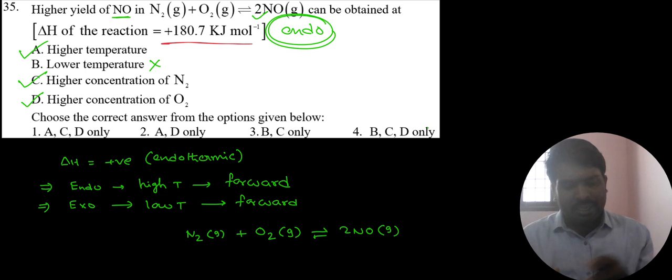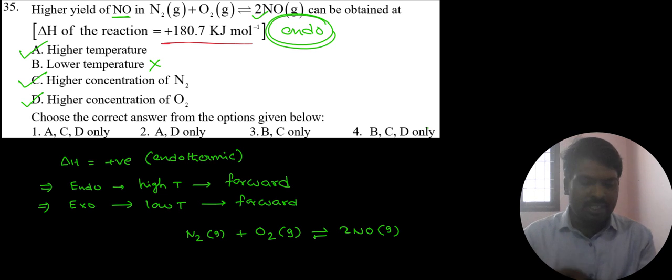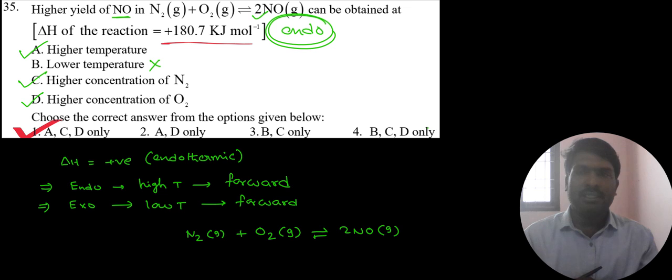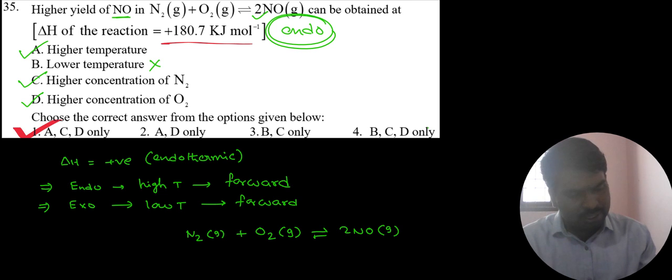Higher concentration of N2 and higher concentration of O2 both drive the reaction forward. So A, C, D are correct. Then which option is the right answer? Option 1 is the right answer, statements A, C, D. Then moving to the next question.